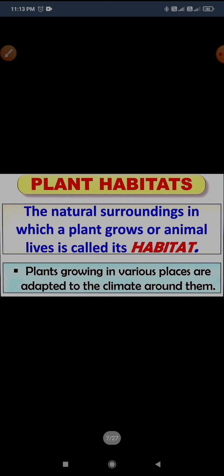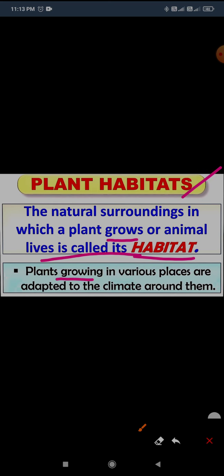Now what is a plant's habitat? The natural surrounding in which a plant grows or animals live is called its habitat, for both animals and plants.